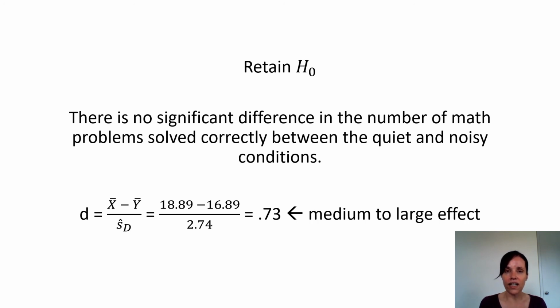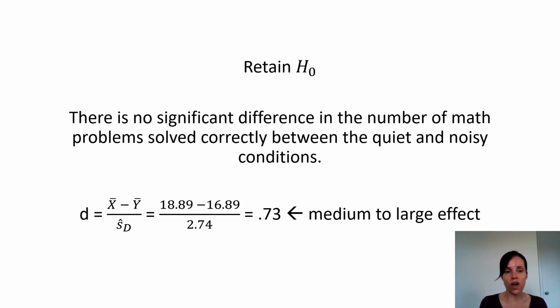If we had calculated the effect size and it was very small, less than 0.20, for example, we'd say we may have retained the null hypothesis because there really is no difference between the noisy condition and the quiet condition. But here with this medium to large effect size, it's a suggestion that if we went back and did the hypothesis test again with a larger sample, we would have rejected the null hypothesis.